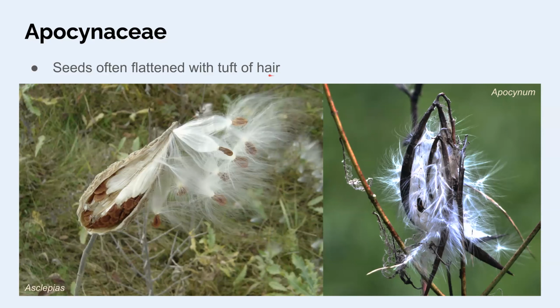So in the milkweeds, you can see that quite nicely. You might be familiar with these. Seed is here, and then it's got this tuft of hair that helps it to blow around in the wind. And then the follicle breaks open just along one side. Pretty similar. So you can kind of see, even though these were traditionally in different families, they're very similar fruit types, even though their flowers are quite different.